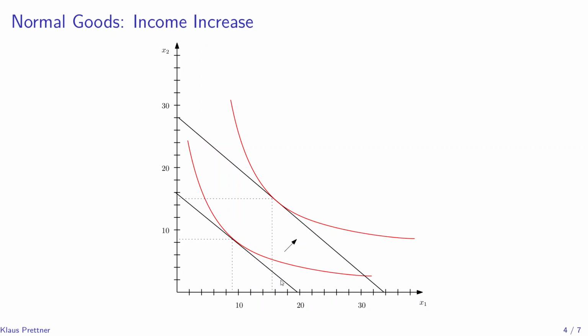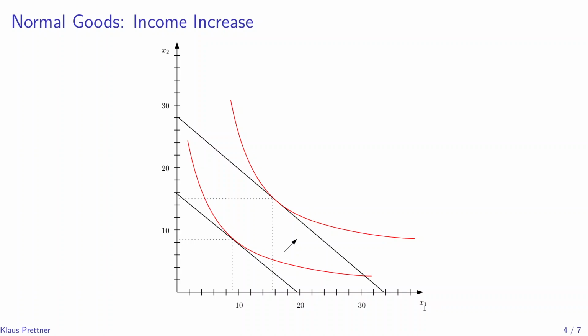Well, the budget line would shift outwards, away from the origin, because now the consumer can afford more goods of the first type, so more of good 1 and more of good 2. So we have an increase in the available budget, an increase in the feasible set. That means in terms of utility maximization that the consumer is able to reach an indifference curve that is farther away from the origin, and therefore utility, satisfaction, whatever you want to call it, would increase.